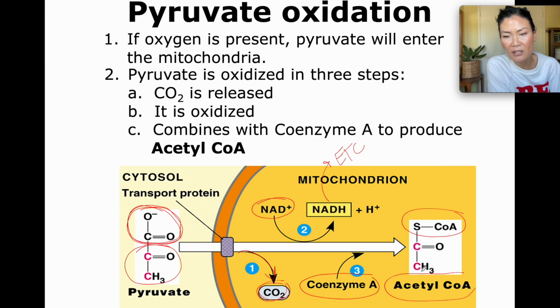So acetyl-CoA is a 2-carbon molecule, 1, 2, that's going to enter the Krebs cycle. So this is the first part, the pyruvate oxidation, and then the Krebs cycle.